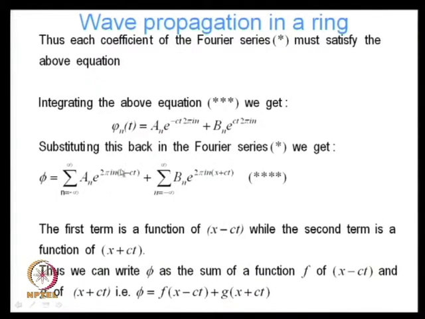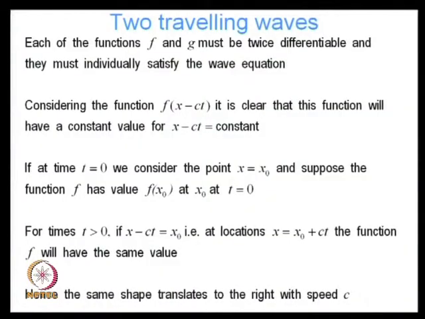The first term in the solution is a function of x − ct, while the second term is a function of x + ct. Thus, we can write φ as the sum of a function f of x − ct and g of x + ct.